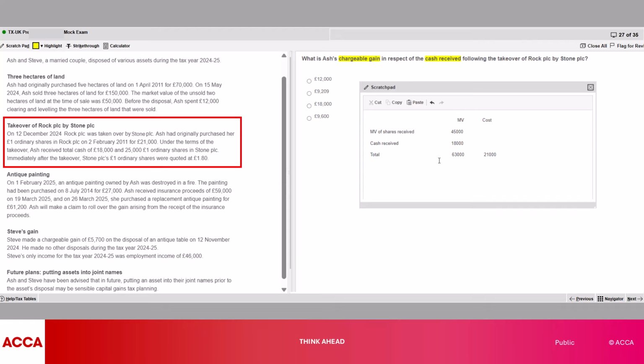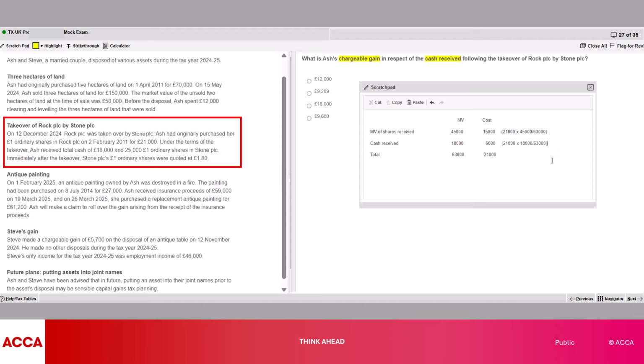We've got the value that Ash has received, the shares and the cash, and we're going to split that £21,000 cost between those two in proportion to the values. So the cost of the shares that have been exchanged for shares is going to be £15,000. We take the £21,000 times the value of the shares divided by the total value, and the balance of the cost, £6,000, or £21,000 times the value of the cash divided by the total value received.